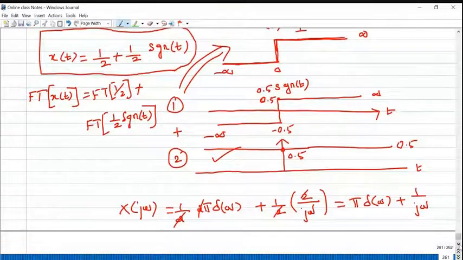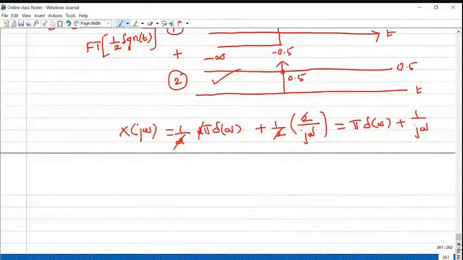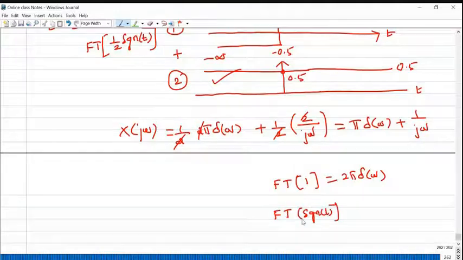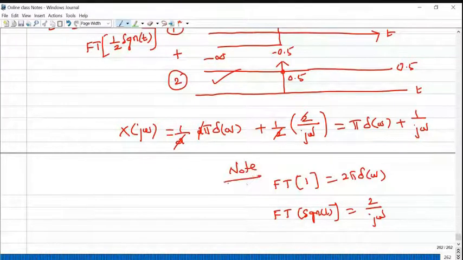I'll write it down here. Fourier transform of 1 is 2 pi delta of omega. Yesterday in class we solved the Fourier transform of the signum function. The result is 2 by j omega. Then substitute and solve, you will get the final answer.